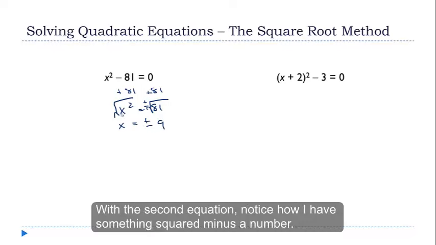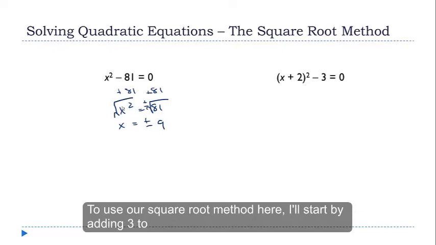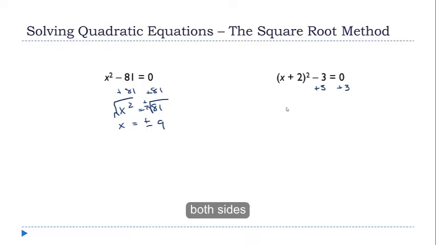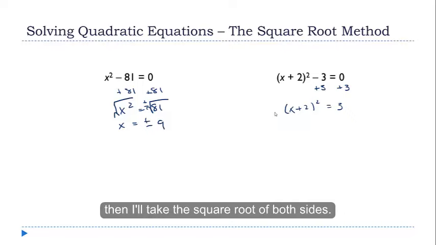Now, with the second equation, notice how I have something squared minus a number. To use our square root method here, I'll start by adding 3 to both sides. Then I'll take the square root of both sides.